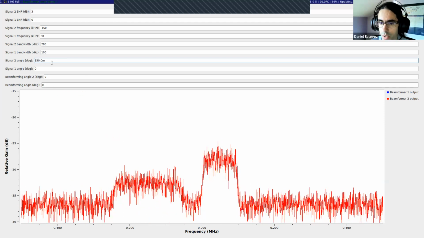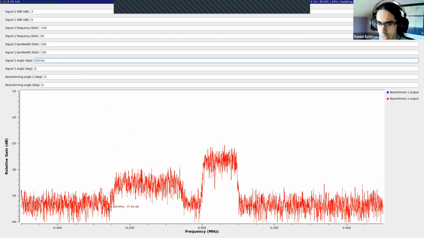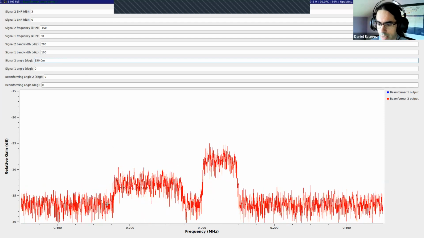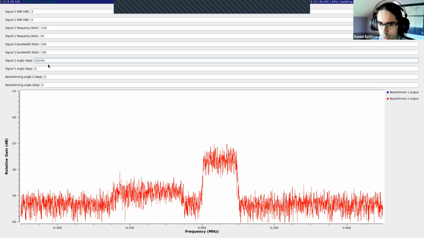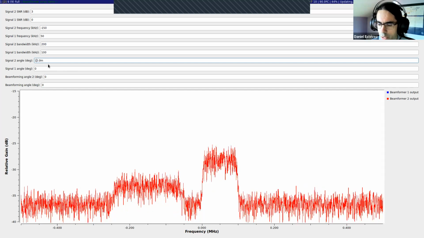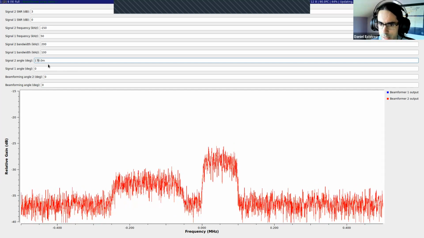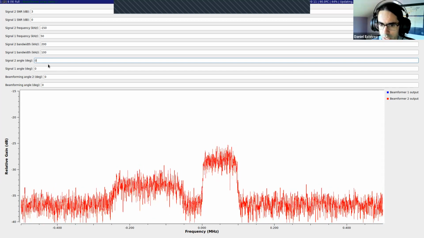So this is called a side lobe. So if I go beyond the location of the first null in the beamforming pattern, I see that the signal comes back up again, and I can do 0.12, so 0.15 comes back up again, and then 0.17 still up.